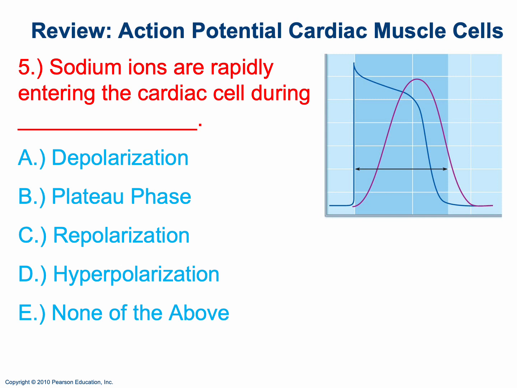And the correct answer, I would go with choice letter A, depolarization. That would be right here. Up here, this would be the plateau phase. And right here, C, repolarization.